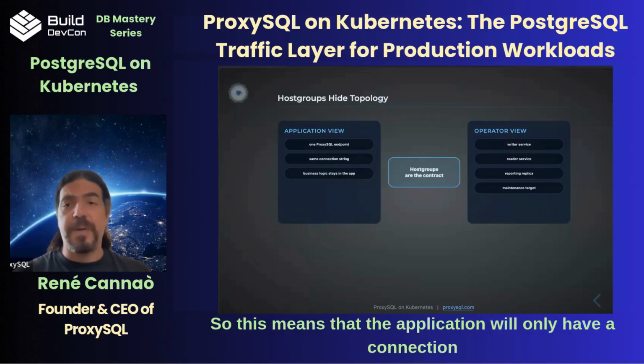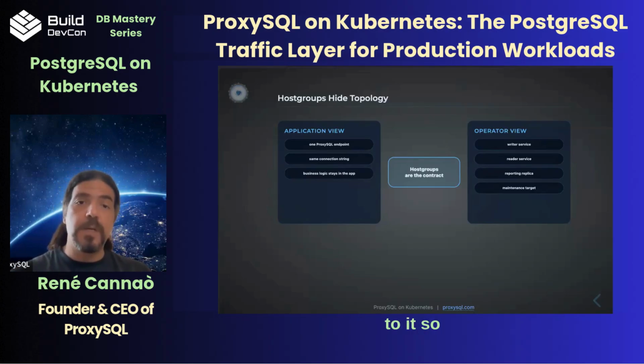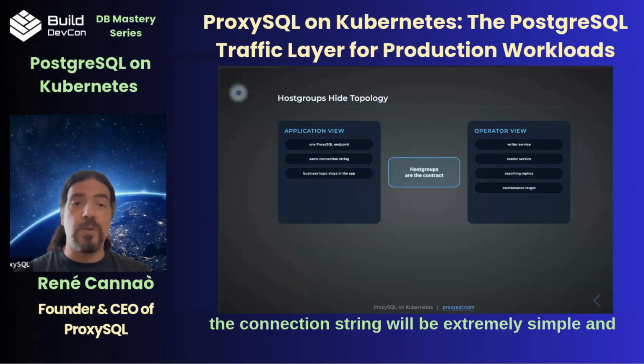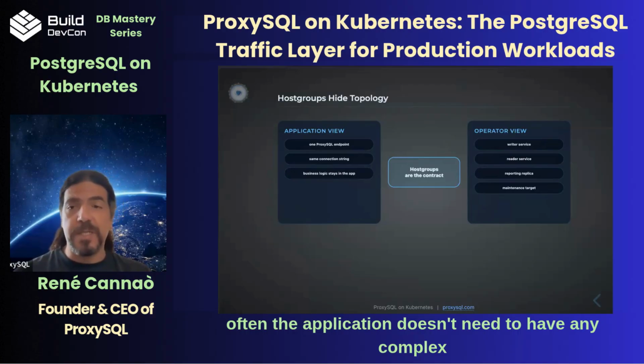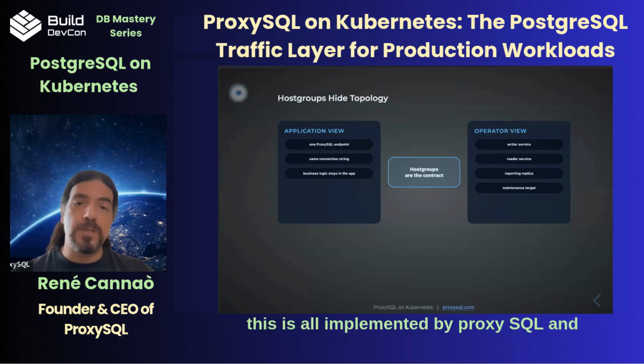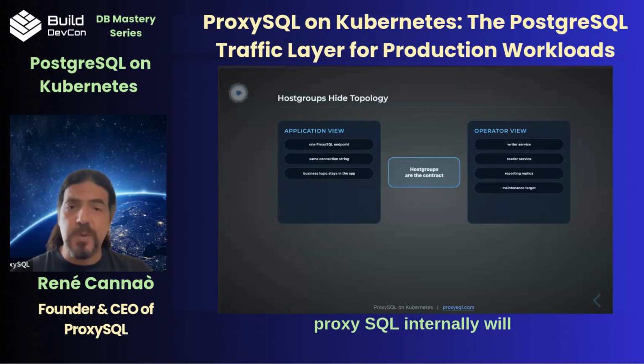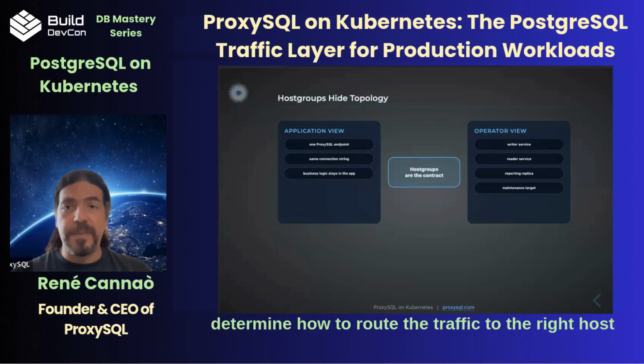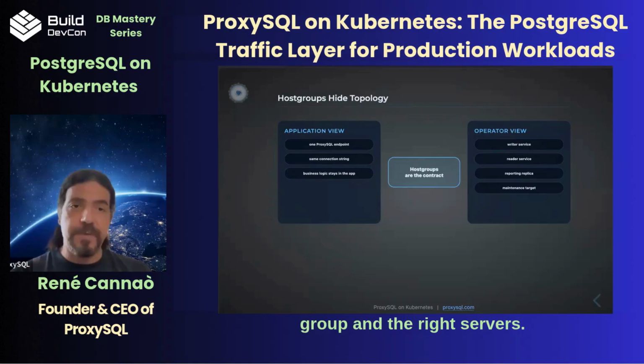This means the connection string will be extremely simple, and often the application doesn't need any complex logic for retry mechanisms and so on, because this is all implemented by ProxySQL. ProxySQL internally will determine how to route the traffic to the right host group and the right servers.